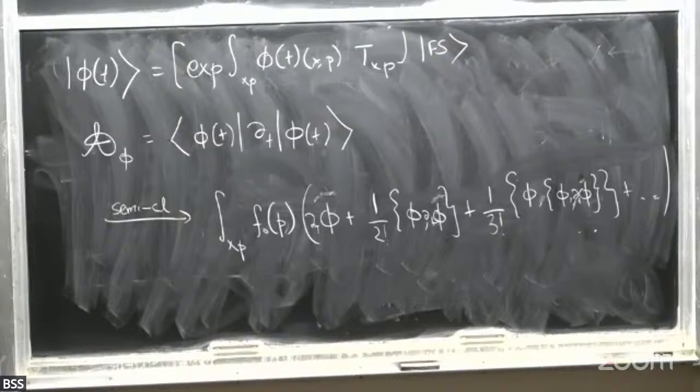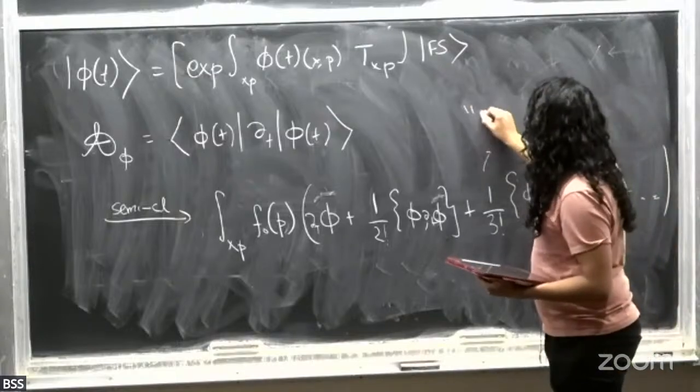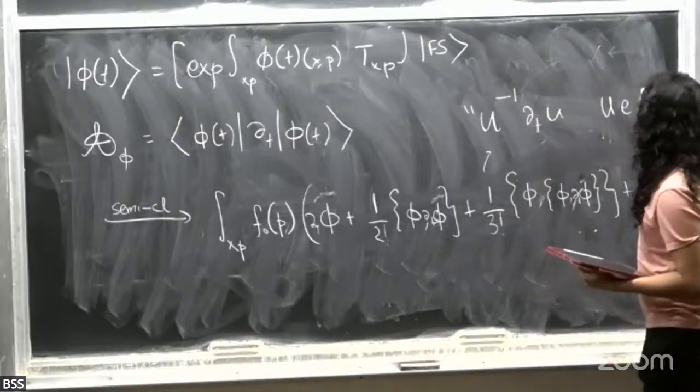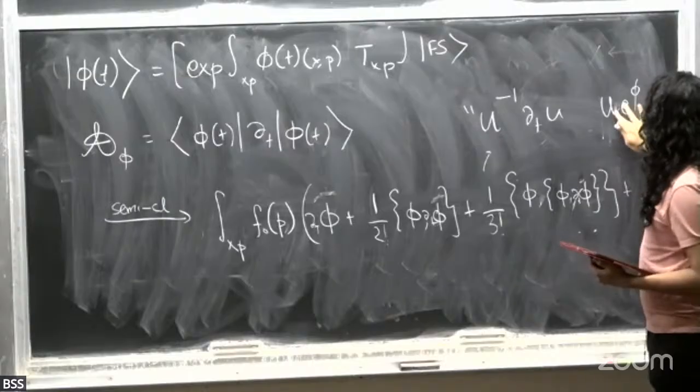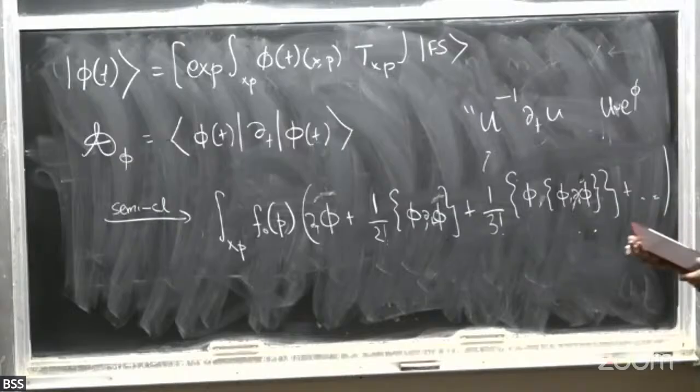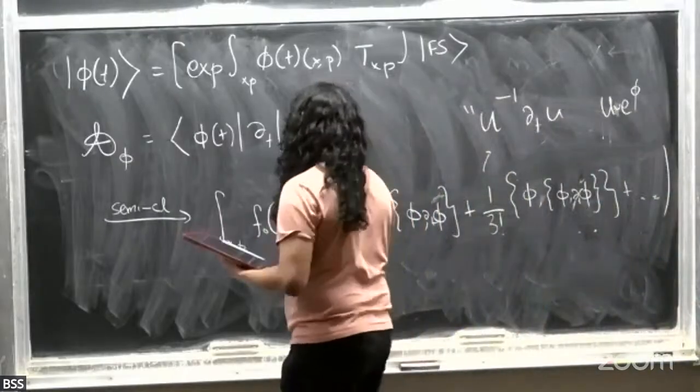This comes from u inverse dt u, where u is e to the phi. If these were matrices, this is what this would be.